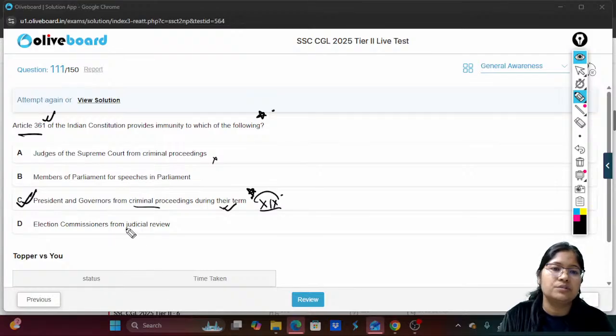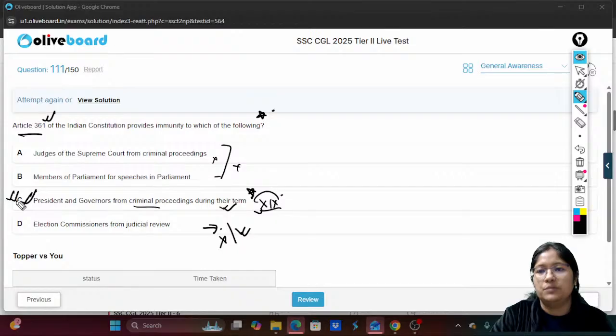Then Election Commission for Judicial Review, some electoral forms are there where court will not do immediate intervention. So that is there in articles, but A and B will not make any sense. And here number 1, Article 361 itself is for this immunity. All right. So C is the correct answer.